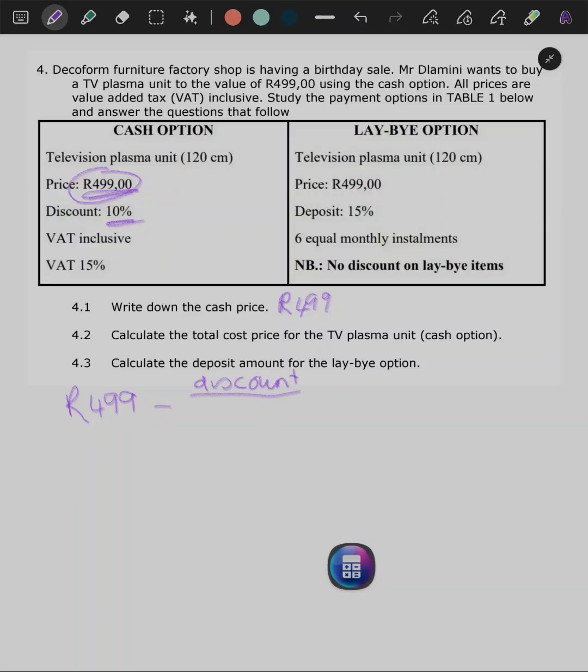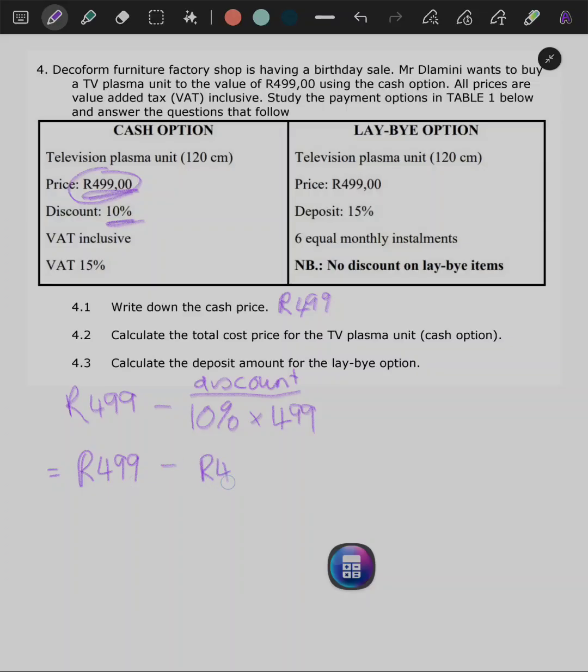Well, the discount is 10%, but remember, you can't just say minus 10%, because you can never just have a percentage in a calculation without having it of a number, so being multiplied by a value. So it is 10% of the price. So 10% of, maths is multiply, 499.